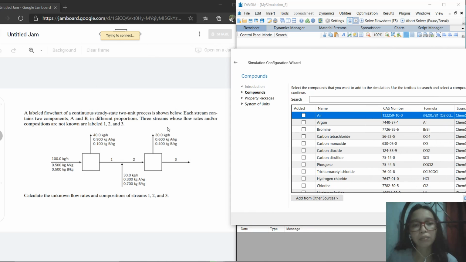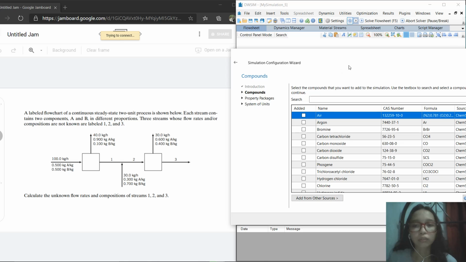Since the problem only stated A and B, I'm just going to choose toluene and benzene as A and B respectively. You can also choose any substance since we're only dealing with mass and mass fraction.